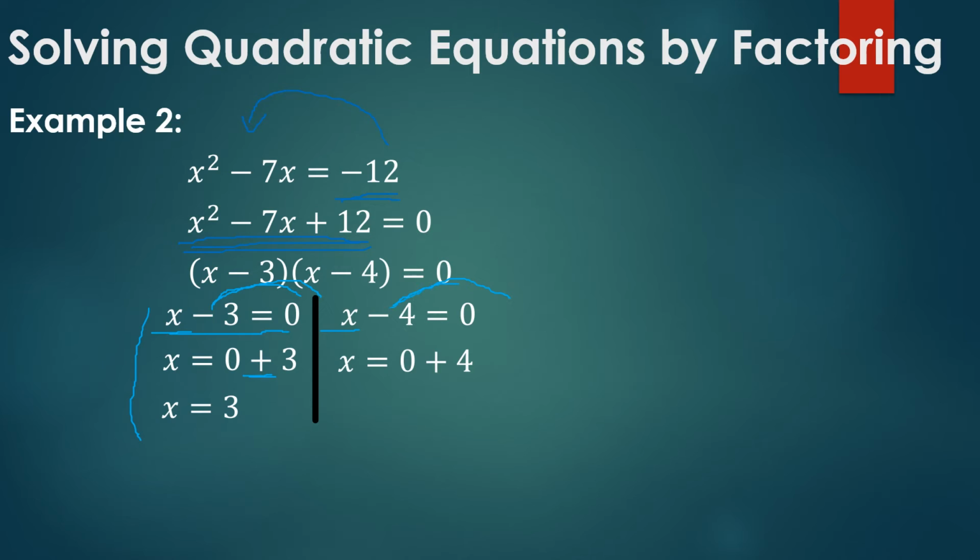From negative 4, magiging positive 4. 0 plus 4 will give us positive 4. Now we have the values of x as 3 and 4. Now, I will leave the checking part on you so that you can verify if our answers are correct.